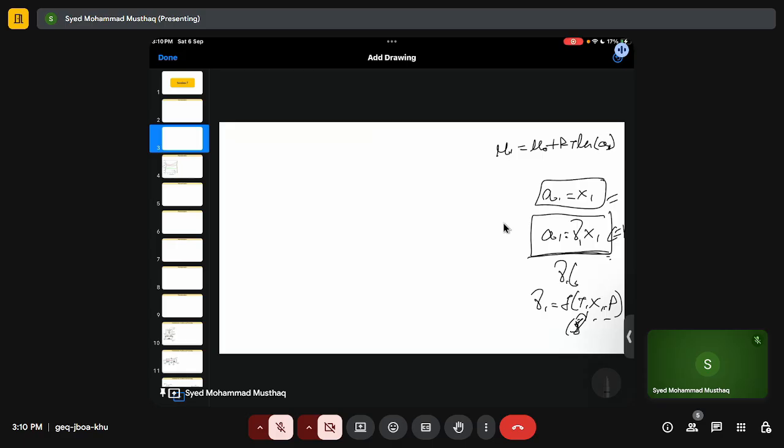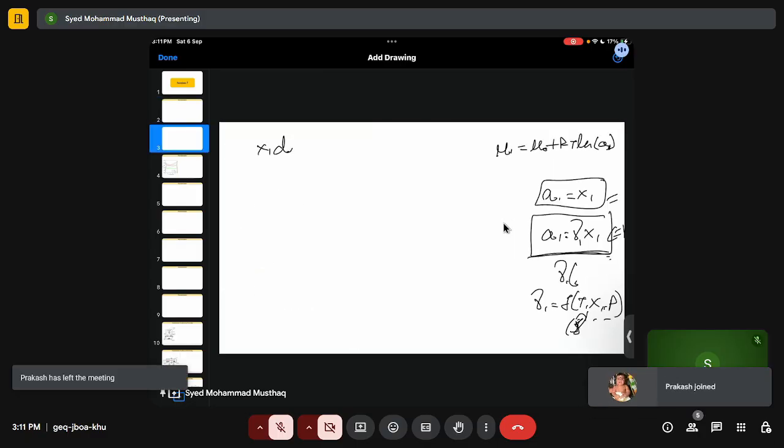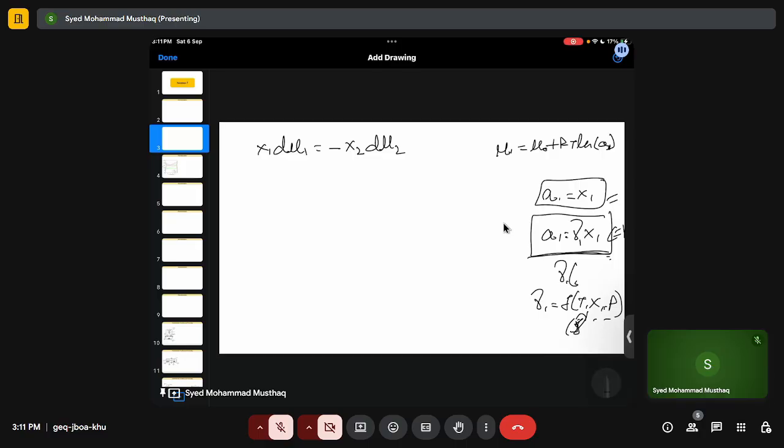So then let's write x1 d mu1 equals minus x2 d mu2. Okay, nice. Now, how is my chemical potential 1 changing? Let's write d mu1 will be equal to minus x2 by x1 d mu2.